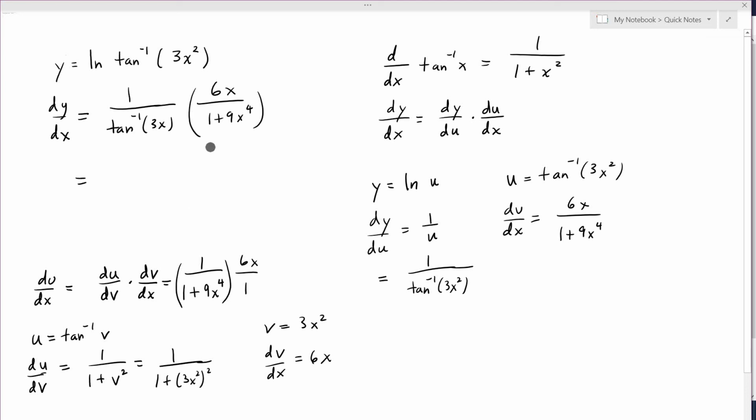And so that's the derivative. I guess you could simplify it a little bit more just by putting the 6x on top. Okay, so the derivative of the natural log of arctangent of 3x squared is equal to this.